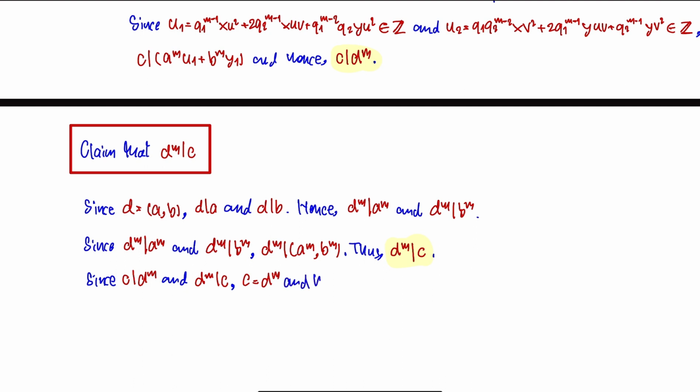And hence, c is the greatest common divisor of a to the m and b to the m, which equals the greatest common divisor of a and b raised to the power of m. So hence P of m is true.